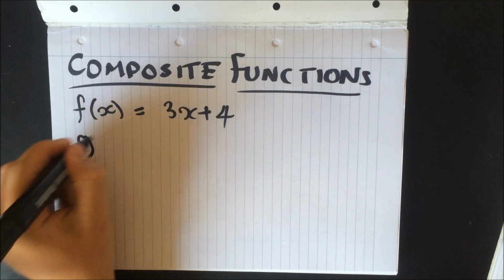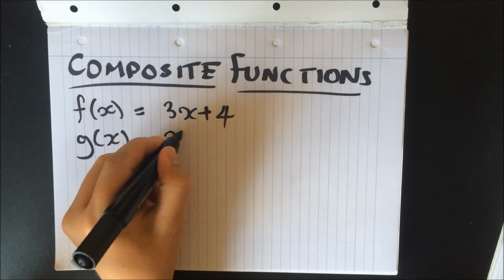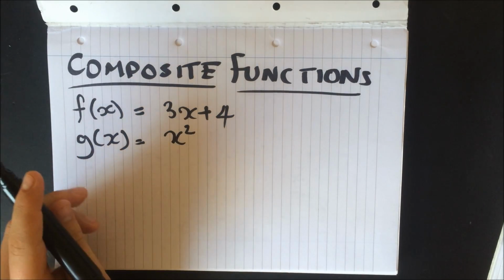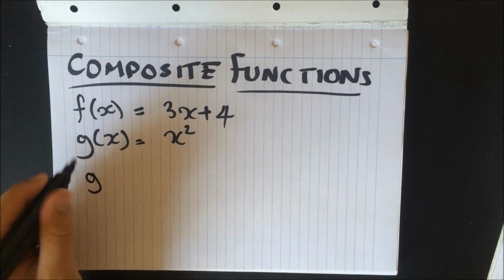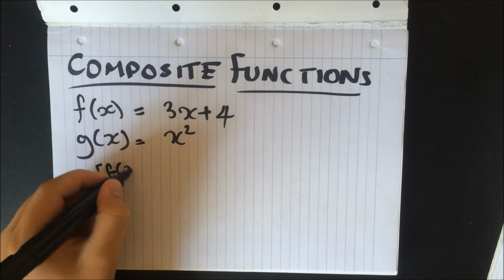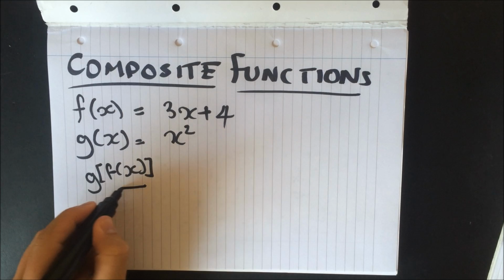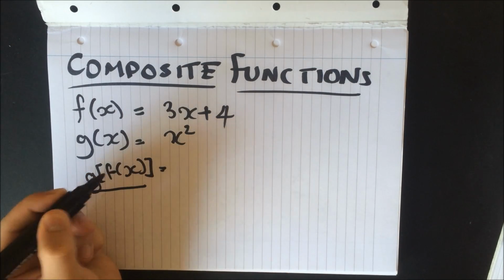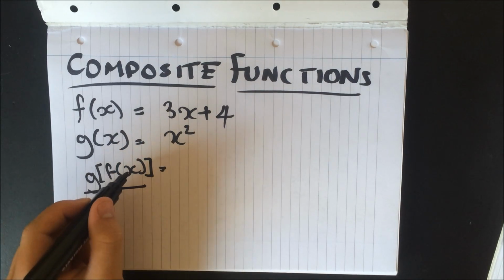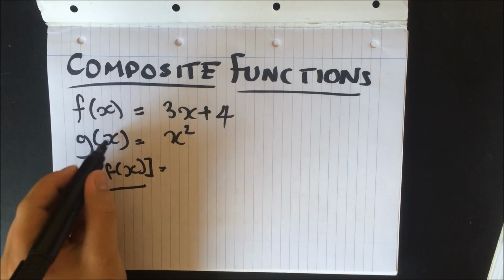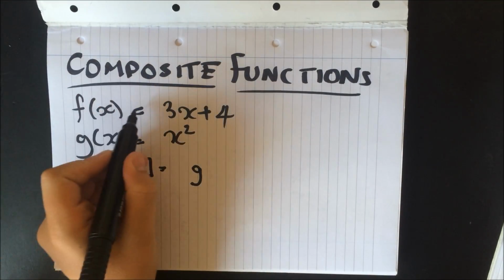And then we could also have another function called, let's say, x squared. If I wanted to do g of f of x, this is what's called a composite function. So you would get your f of x and you put that in here instead of the x. So you get your g of the function f of x.